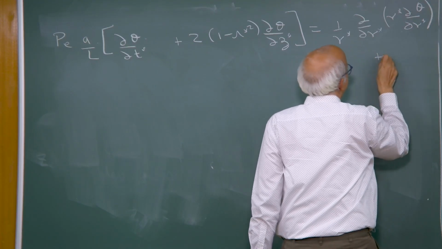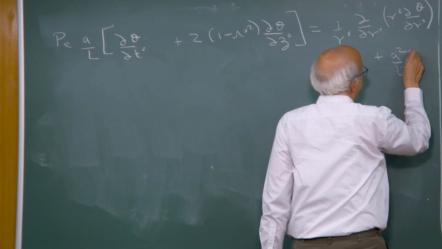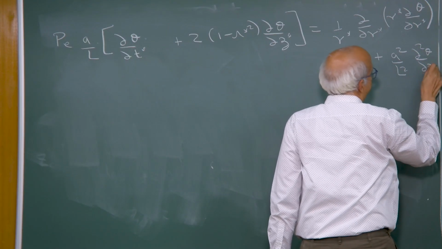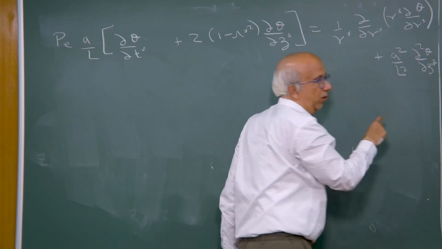Okay, let me just keep this anyway, A squared by L squared times d squared theta by dz squared. Although this is small, I am just writing it down.